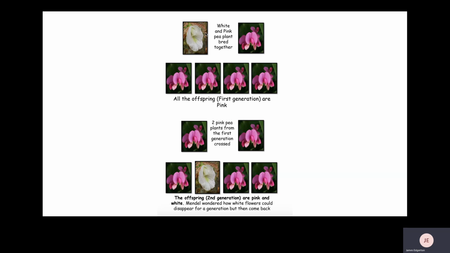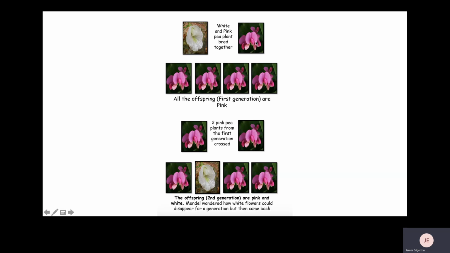Both of the two alleles, the two traits, were the same. He also did the same with purple flowers, and each time he planted the seeds from these purple flowers, he would get purple flowers.